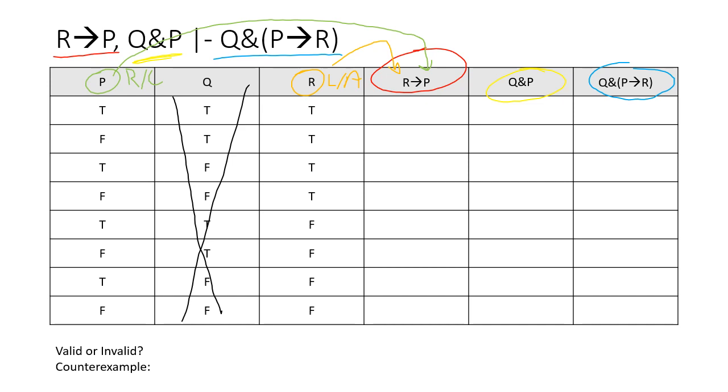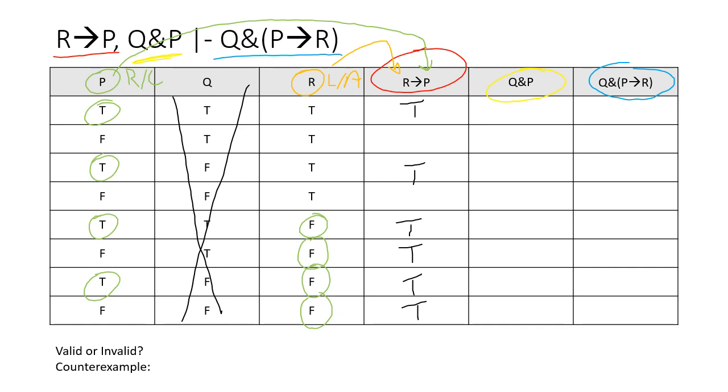So remember that an arrow is true wherever the left side is false, or the right side is true. And so here it's going to be true, true, true, true, true, true.